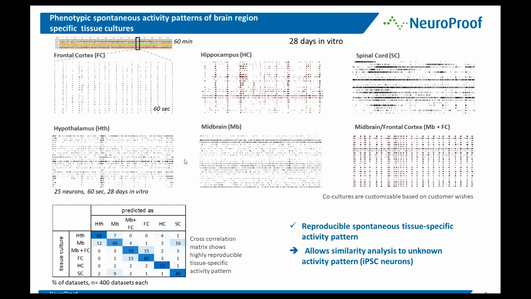And here you see just examples, but if we use hundreds of data sets and put them into cross-correlation, you see that they are very nicely linking and recognizing each other. So it's a very reproducible spontaneous tissue-specific activity pattern. And we use this database now for actually analyzing unknown activity patterns, such as from iPS neurons.